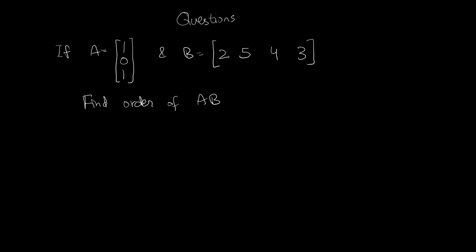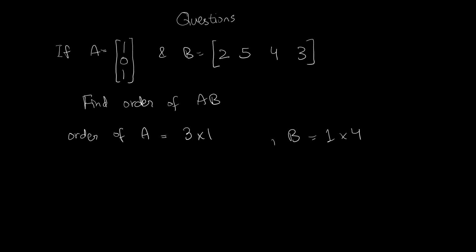In order to find the order of AB, you first have to find the order of the matrices. Matrix A has 3 rows and 1 column, and matrix B has 1 row and 4 columns.